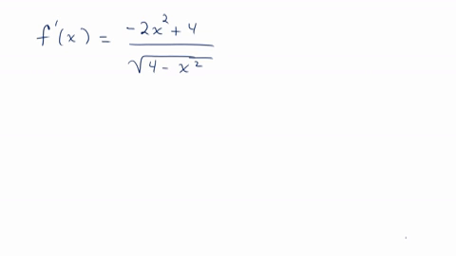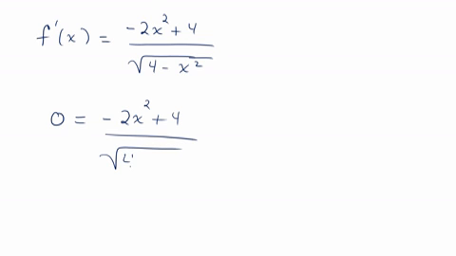Let's now set our derivative equal to 0. So we have 0 equals -2x squared plus 4 over the square root of 4 minus x squared. The only way for a fraction to equal 0 is if the numerator equals 0. So setting the numerator equal to 0 gives us the equation 2x squared equals 4.